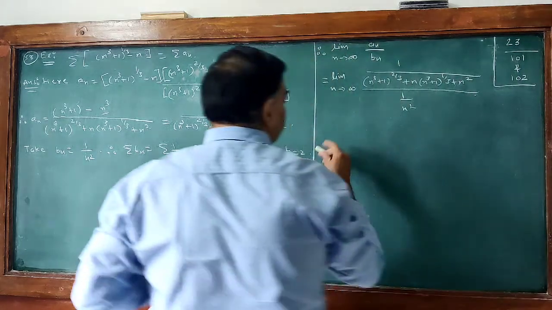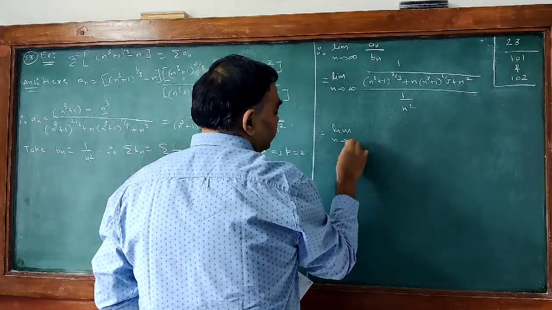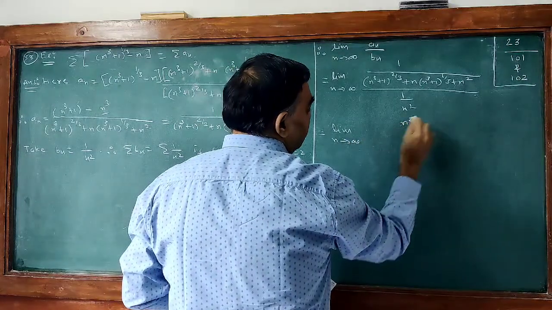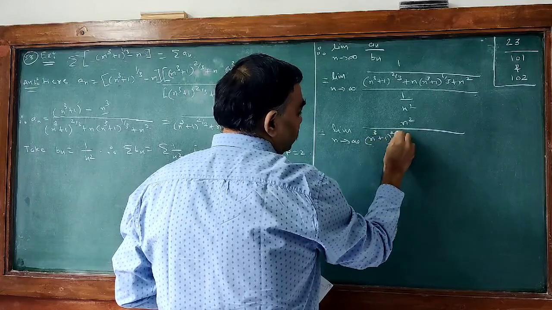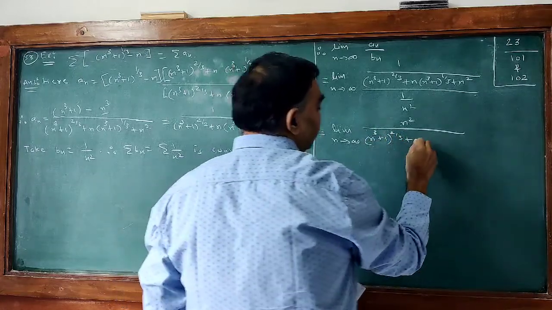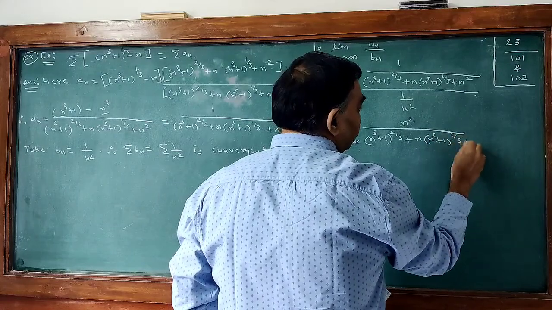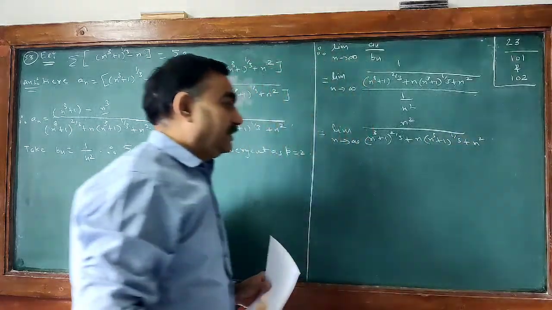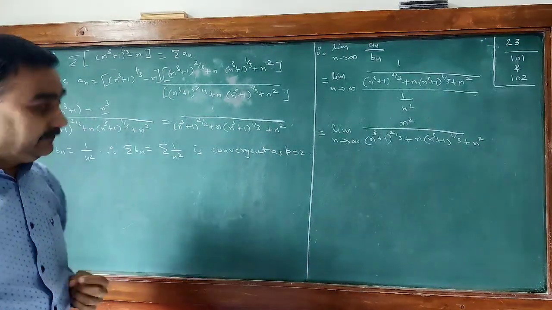This is equal to limit n tends to infinity n square upon n cube plus 1 to the power 2 by 3 plus n cube plus 1 to the power 1 by 3 plus n square. We can take n square common from the denominator throughout.